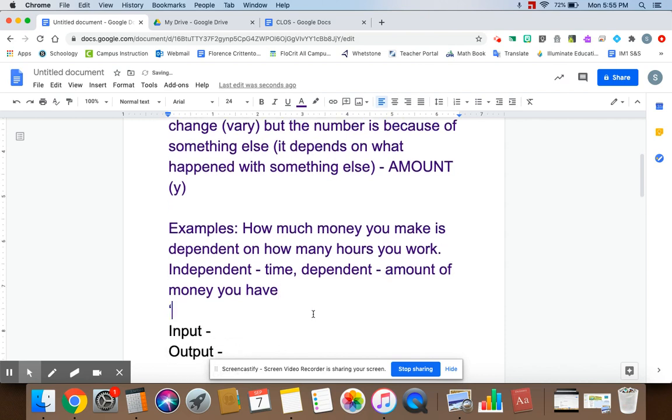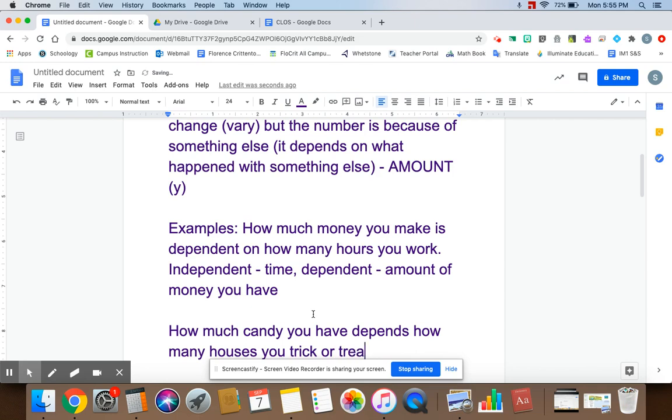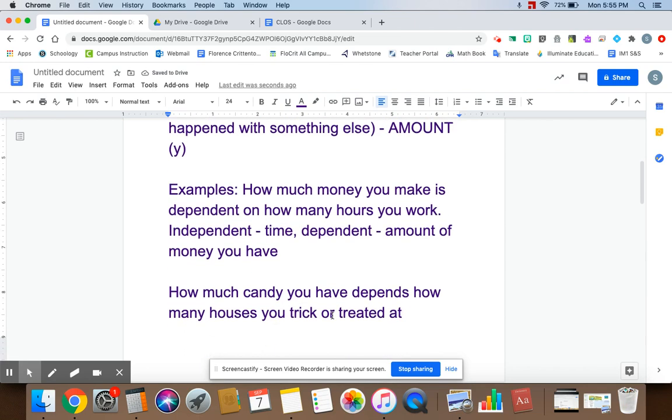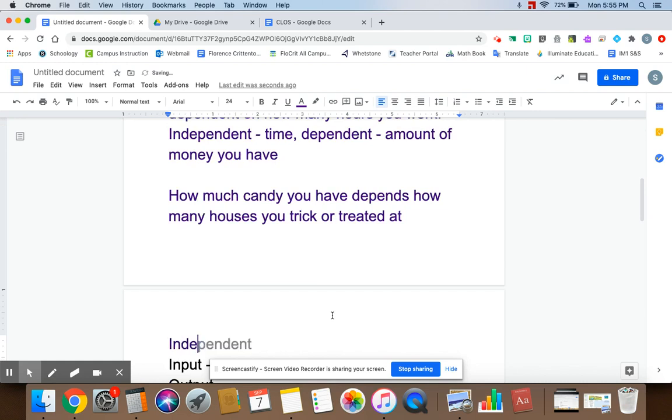So then if I were to do another example, let's say how much candy you have depends on how many houses you trick or treated at. So in this case, the independent variable is the houses you went to.